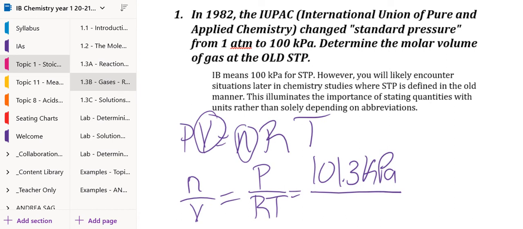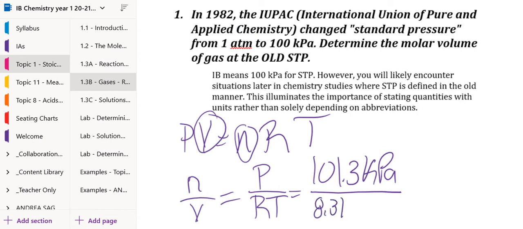The old, previously, standard pressure was 1 atmosphere, which is equal to 101.3 kilopascals. We converted it.